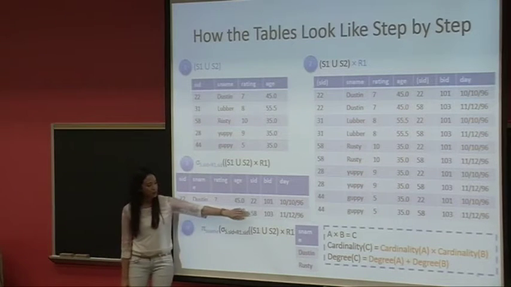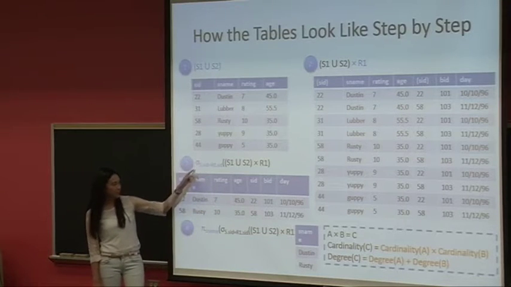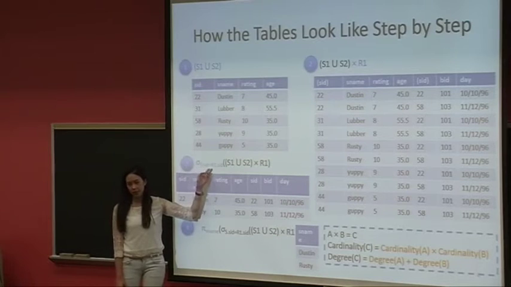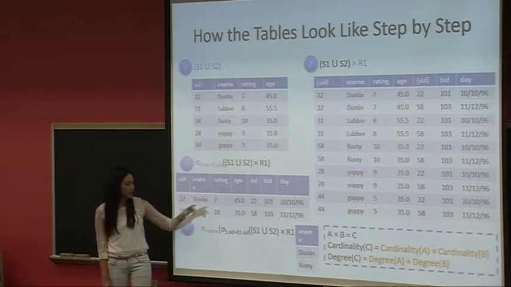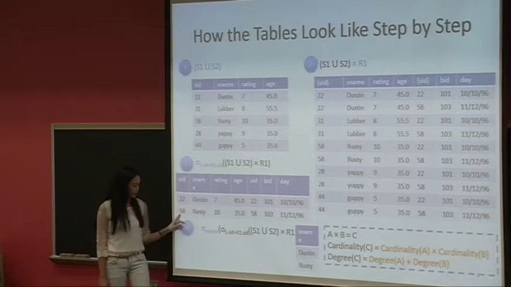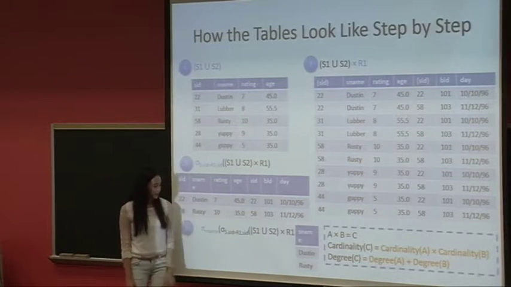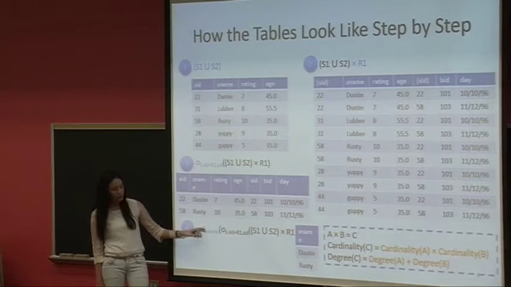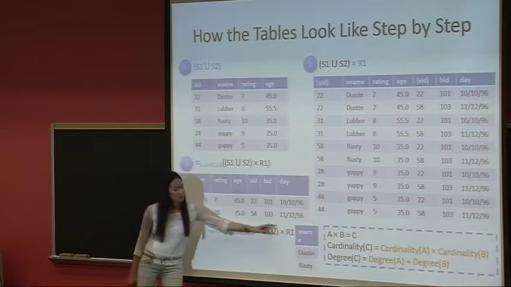Supposedly we shouldn't have this, right? But anyway, if you follow the selection, judging by the criteria, we only leave the rows that satisfy that. So we only leave these because the SIDs are the same. And finally, for the final result, we do the projection on only S name. That's what we got.